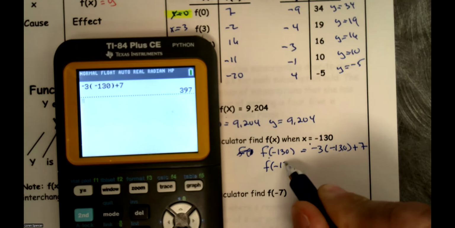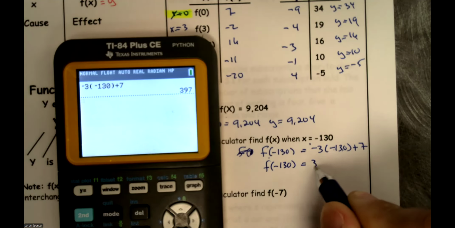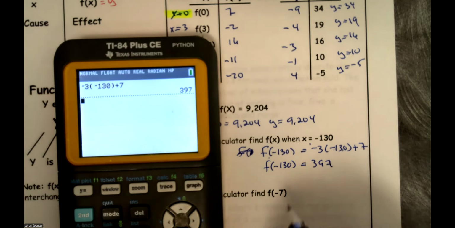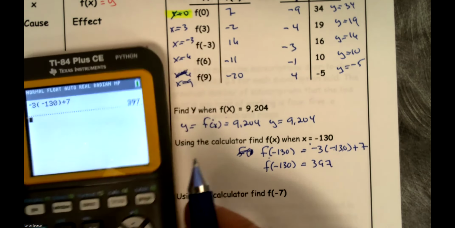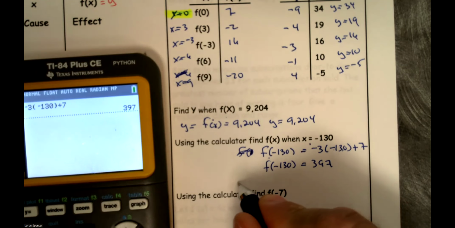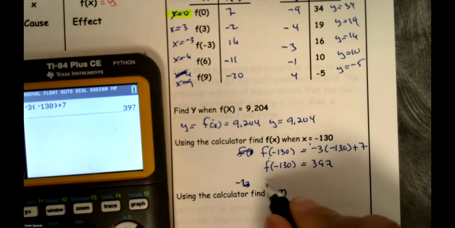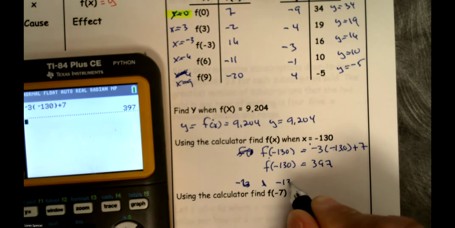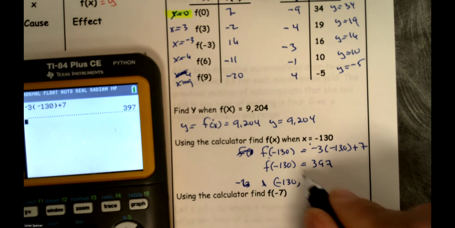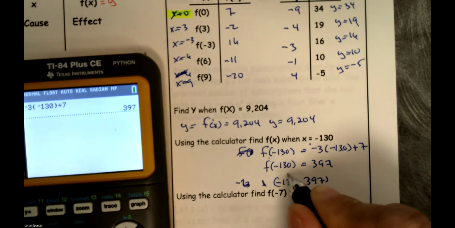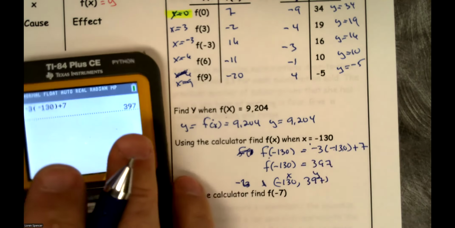So f of -130 equals 397. Basically that's saying if x is -130, then y happens to be 397 because this is my X and this is my Y.